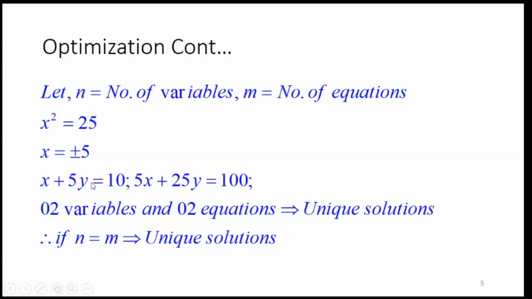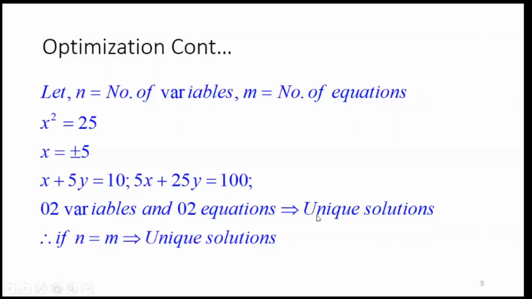So there are two equations, and you can solve these two equations by multiplying this equation by minus 5, so it is minus 5x minus 25y is equal to minus 50, and then you can solve these two equations and obtain the solution. So in this case, there are two variables and there are two equations, so you will get the unique solutions of x and y.